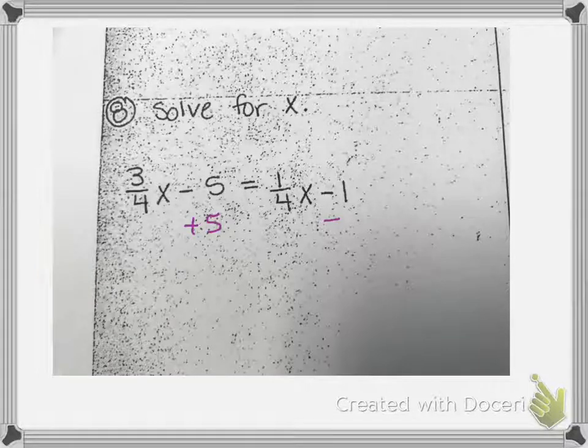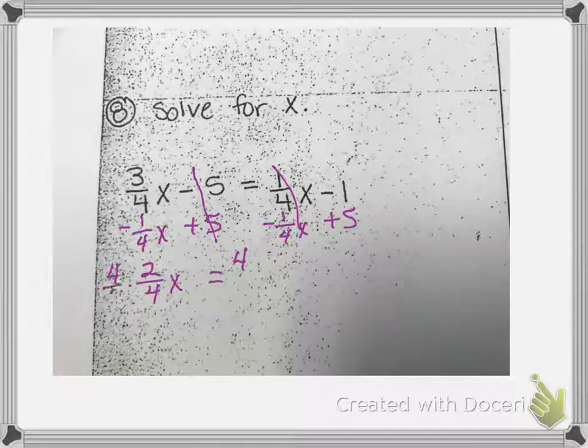Okay, solving for x here, I've got 3/4 x minus 5 equals 1/4 x minus 1. Okay, I'm going to move my constants over, and so I'm going to add 5 to both sides. Then I'm going to subtract 1/4 from both sides. That gives me 2/4 x is equal to 4.